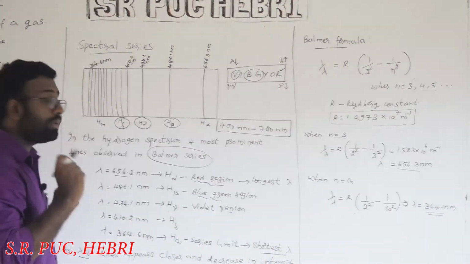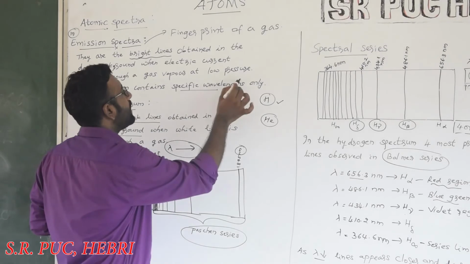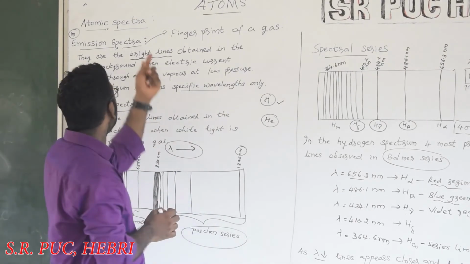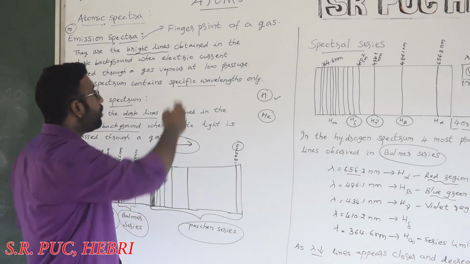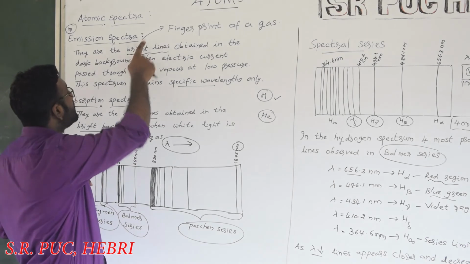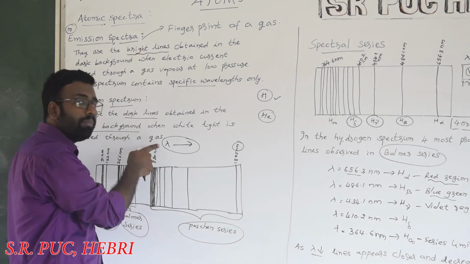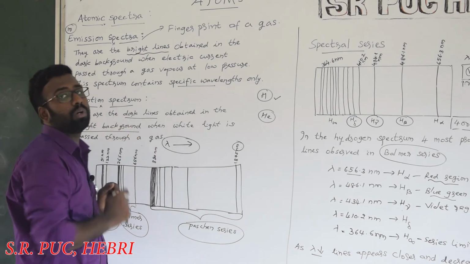I have to tell you one more thing over here. I said you will get specific wavelengths in the emission spectra and absorption spectra. There is a speciality that the wavelength values obtained for the emission spectra are the same as the lines you see for the absorption spectra.